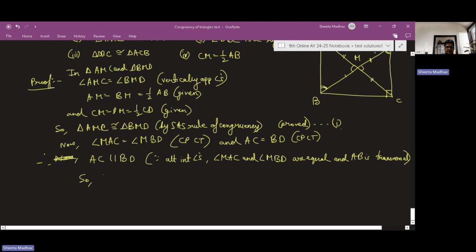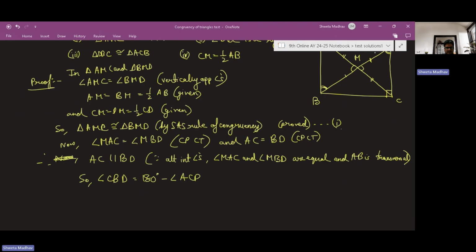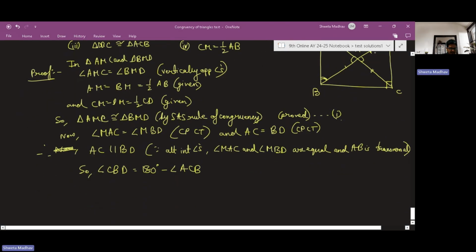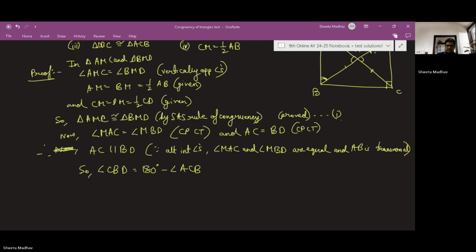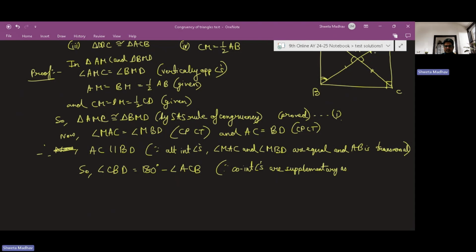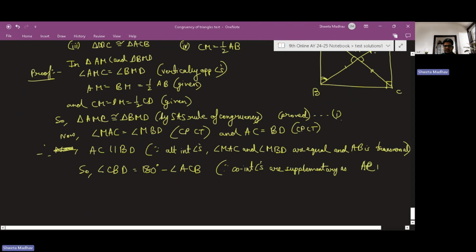So I can say that angle CBD is equal to 180 degrees minus angle ACB, since co-interior angles are supplementary as AC is parallel to DB.